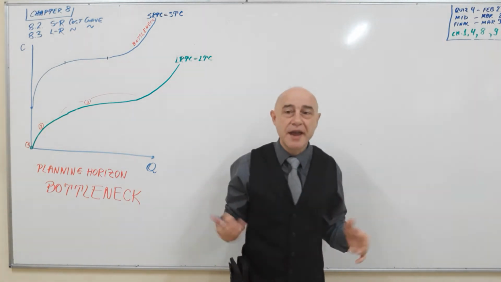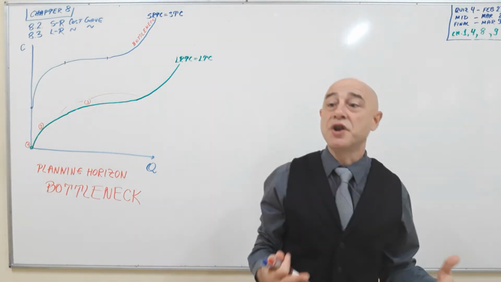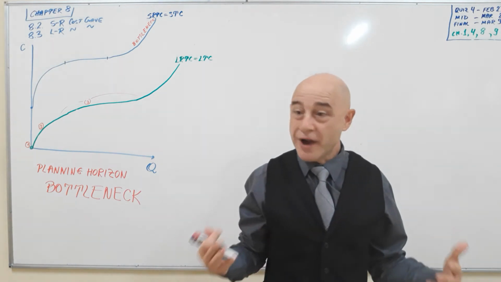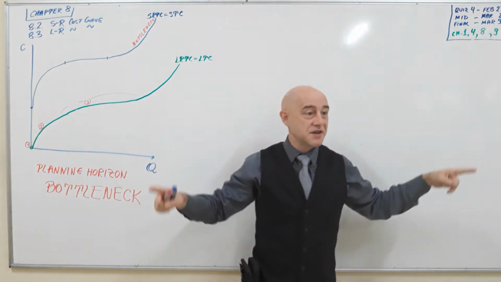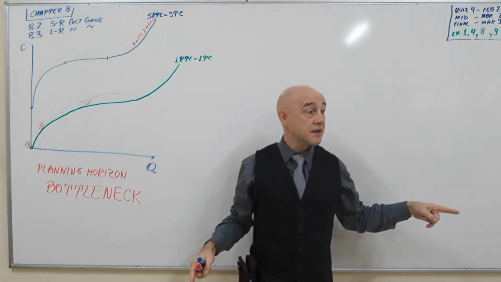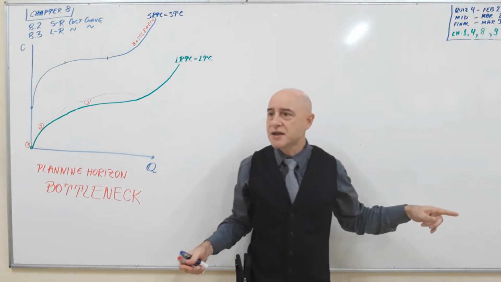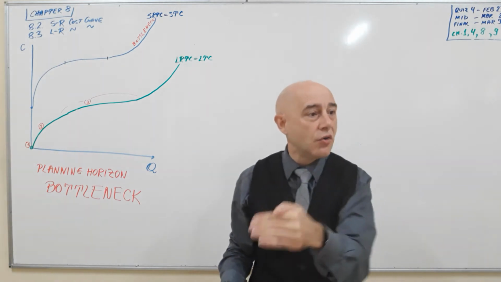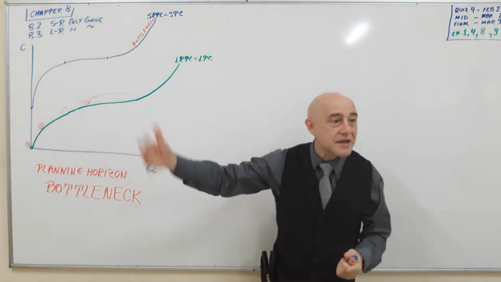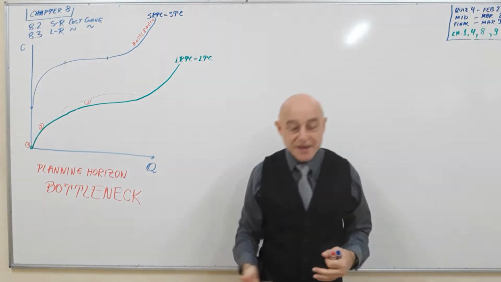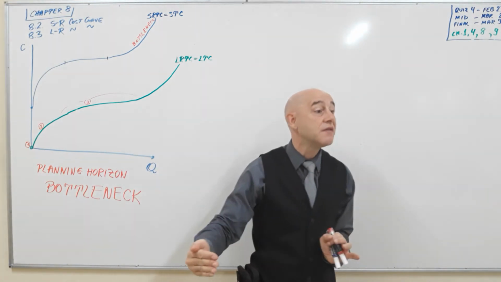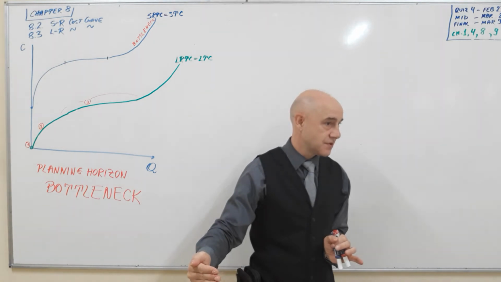An example of a bottleneck will be a very good restaurant, okay, which has only limited space, and the result is that the tables are all full, and people just sit outside and wait, okay, and they can't increase the number of tables.